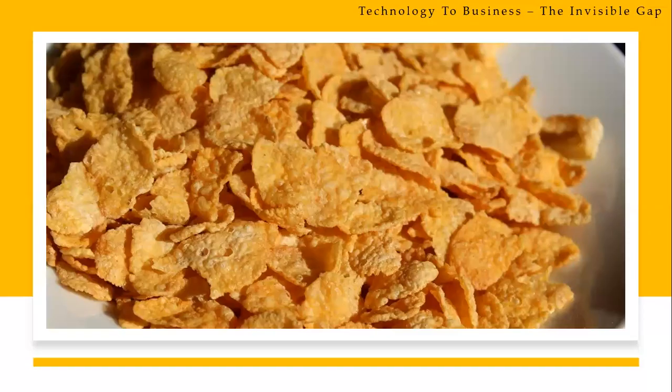So what Kellogg's did was try to change the habit of a generation. They specifically targeted schools, though not all schools, and gave Kellogg's free as part of the breakfast to the kids.